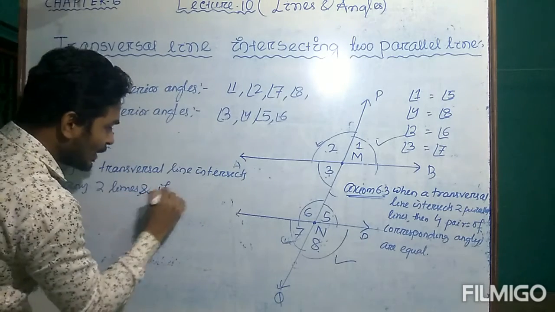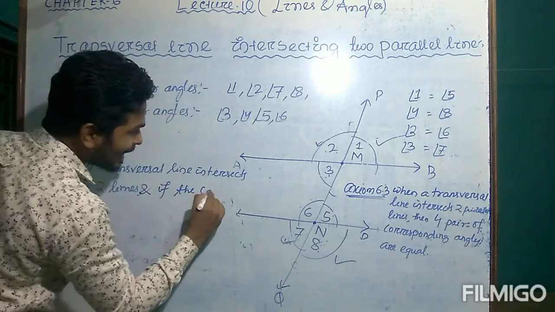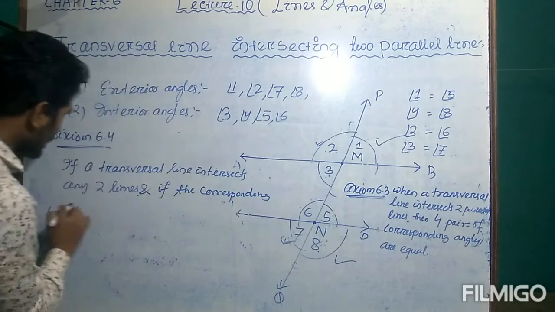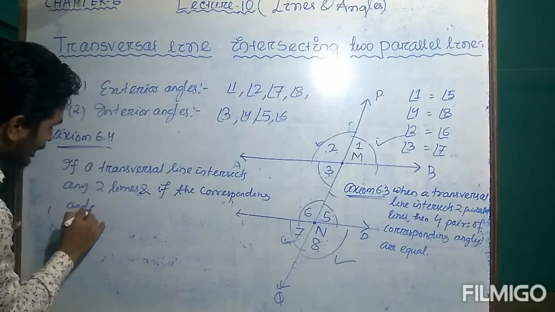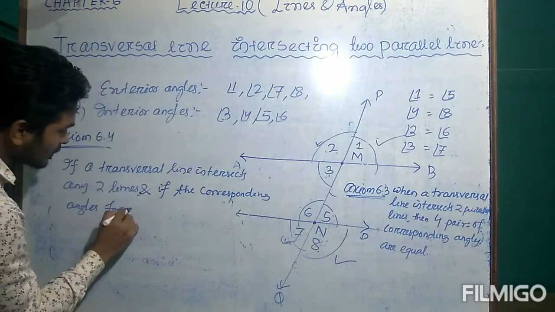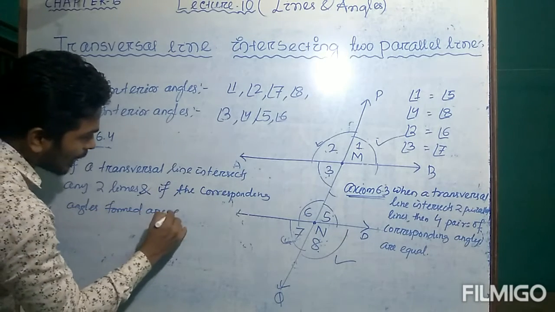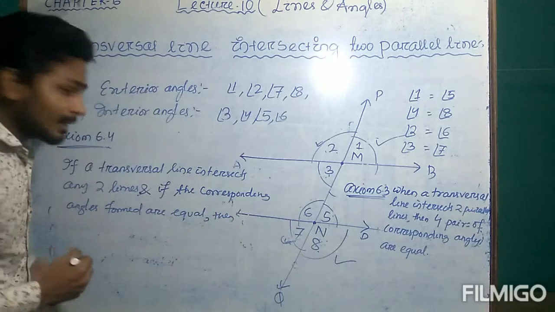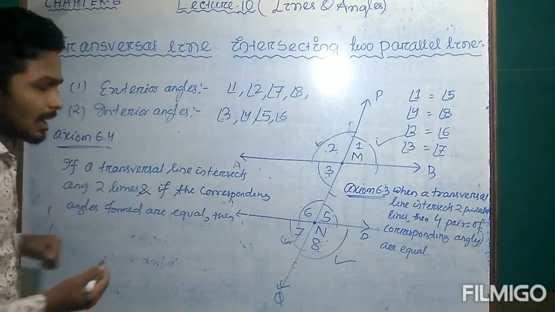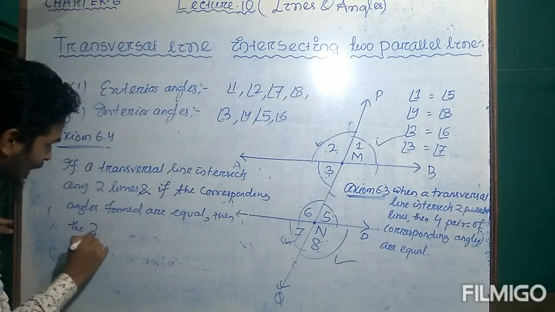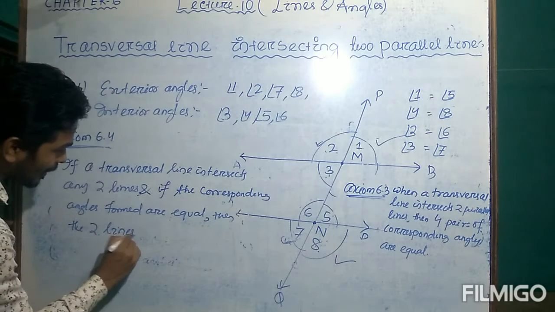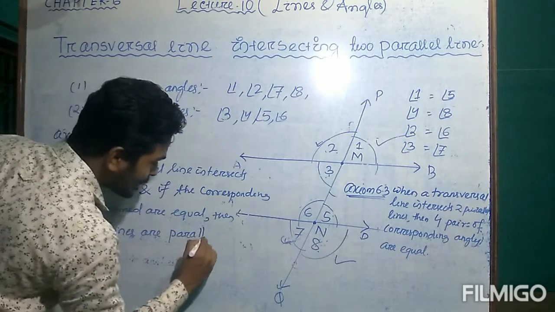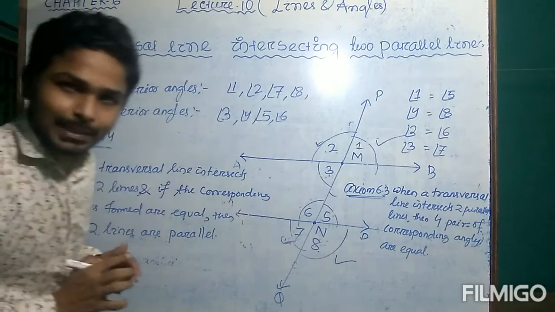And if the corresponding angles formed are equal, then the two lines are parallel. This is the statement which indicates the axiom number 6.4.